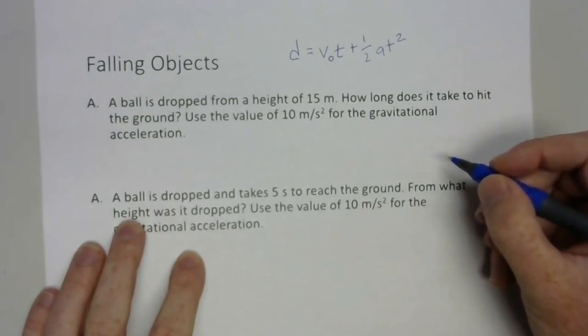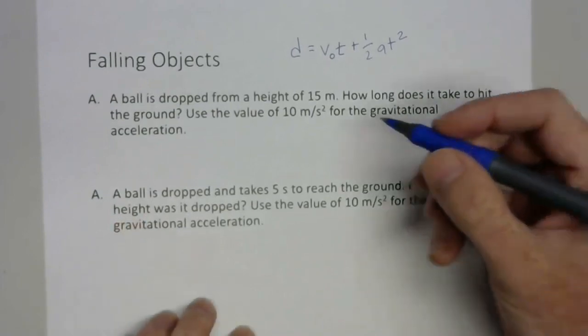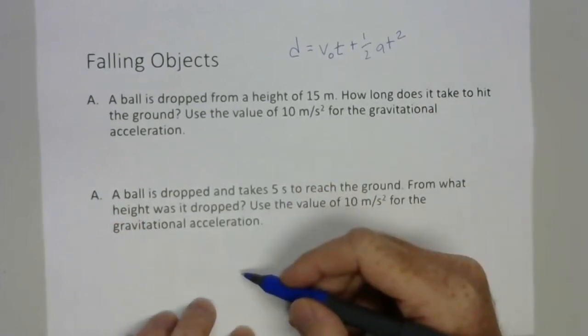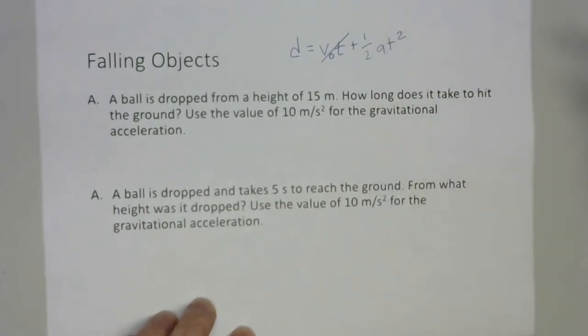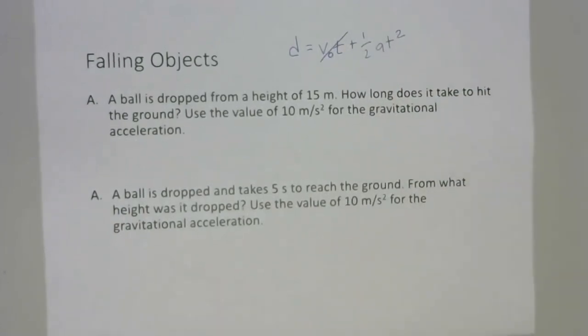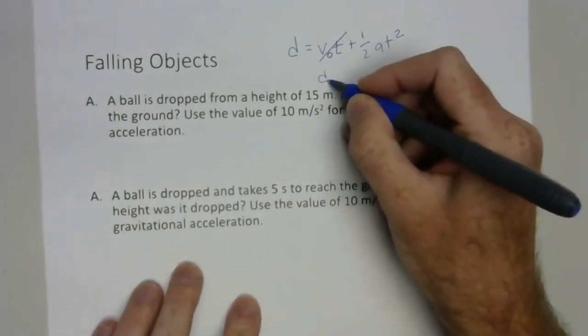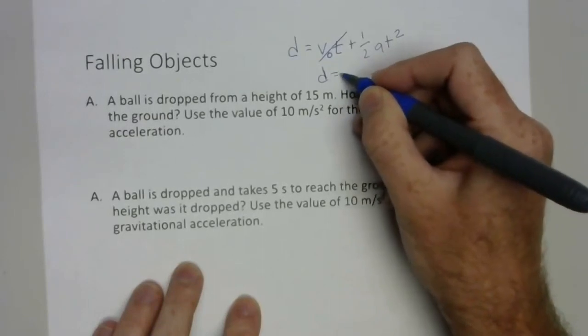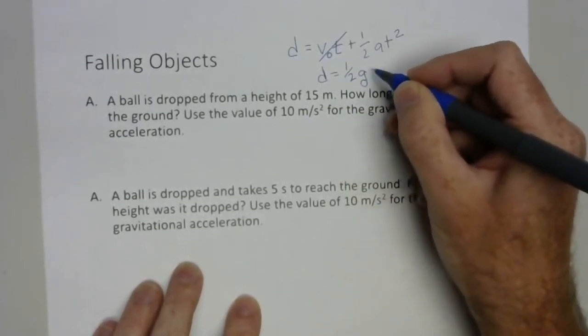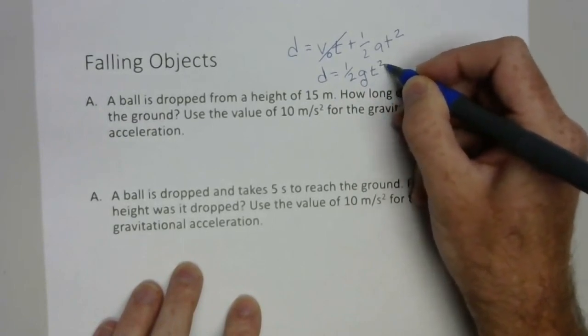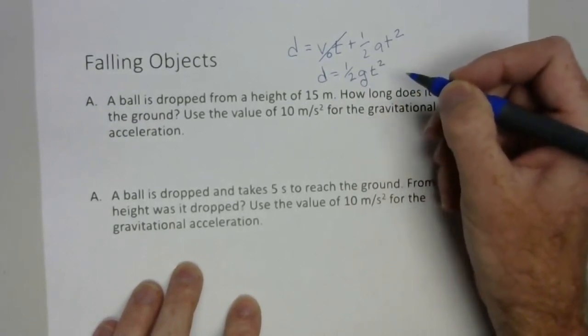In these equations, they're dropped and not thrown in any way, so the velocity 0 is 0, and so that term drops away, and so we're going to use the equation distance equals 1/2 g t squared, because g is the acceleration due to gravity.